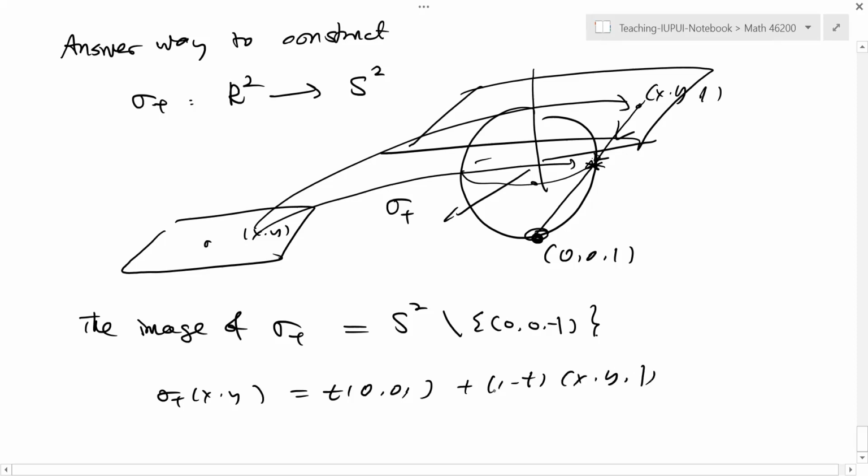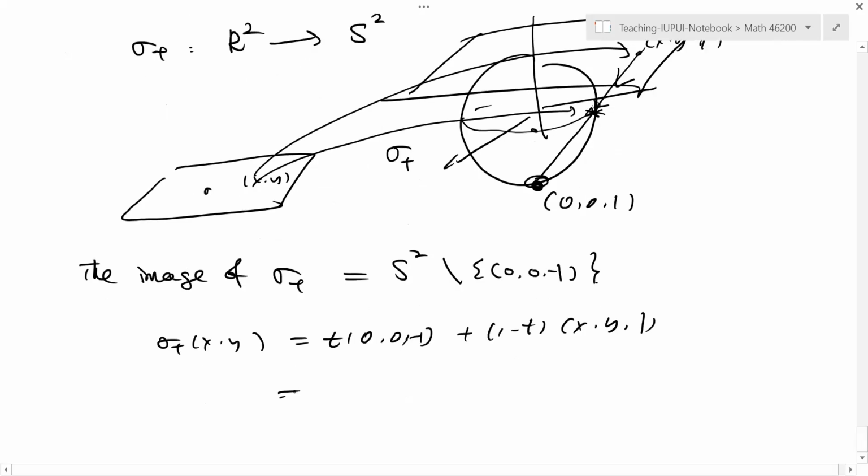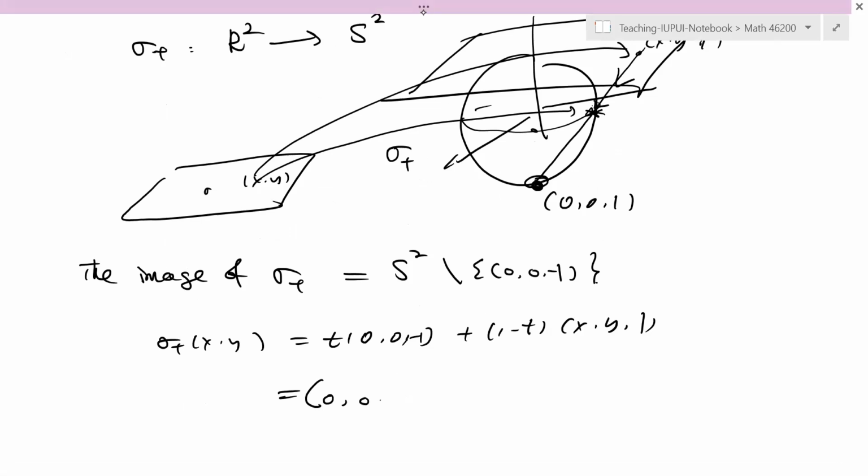All I have to do is determine the value of t, right? Because when t equals 0, you get the source pole. When t equals 1, you get the source pole. When t equals 0, you get that point. So you just need to determine the value of t.